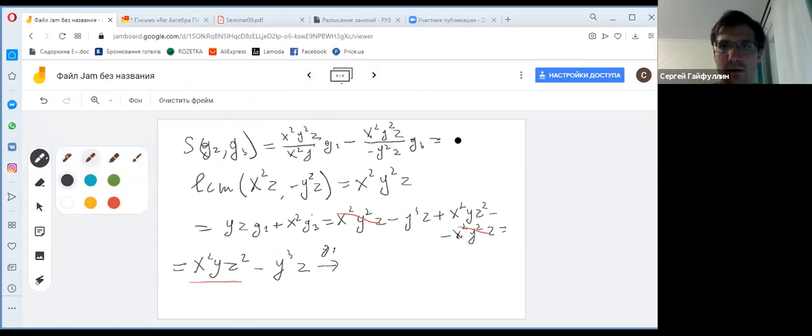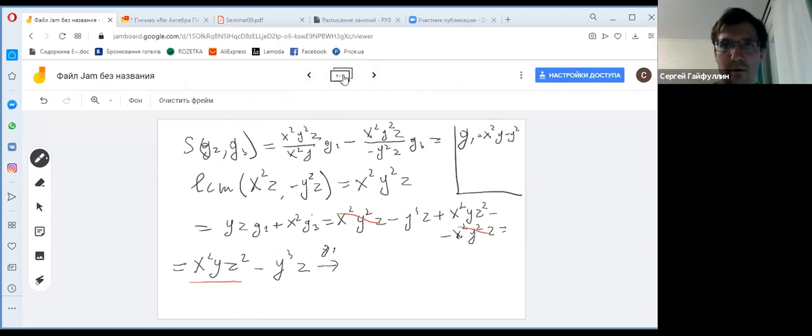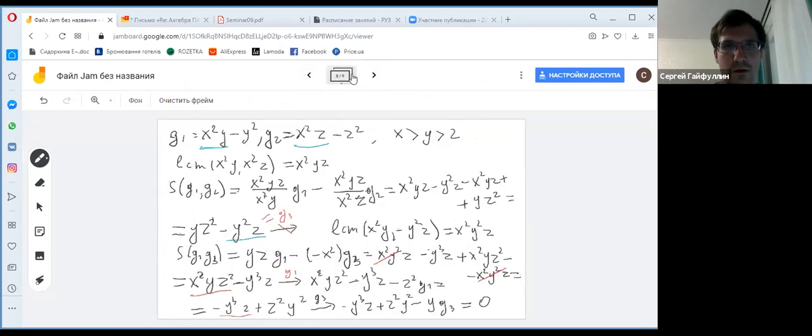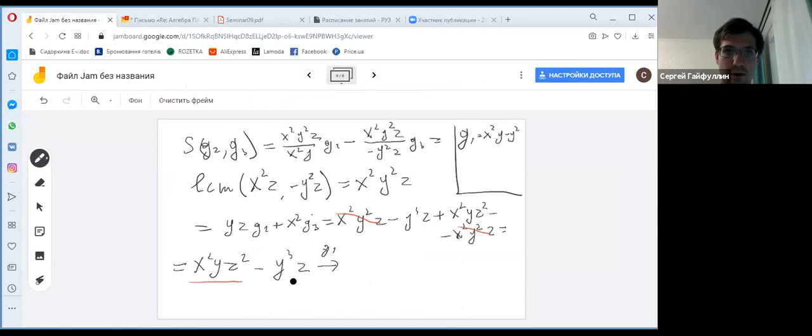Let me remind that g1 is equal to x squared y minus y squared. Yes.